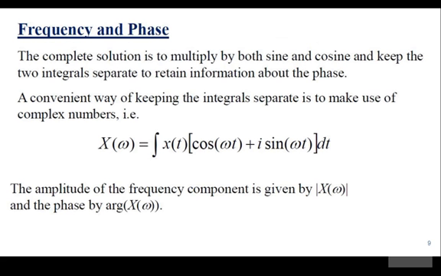The easiest way to do that is to make use of complex numbers. So our Fourier integral becomes: there's our signal, and we multiply it by the cosine plus the sine of the same frequency.